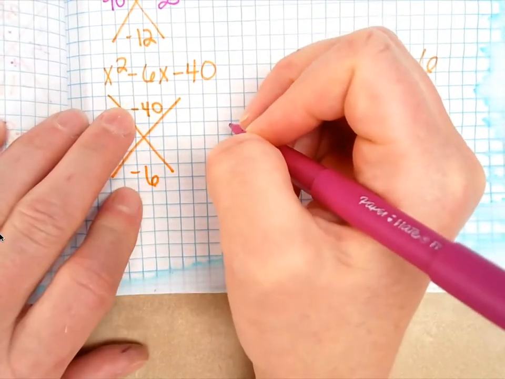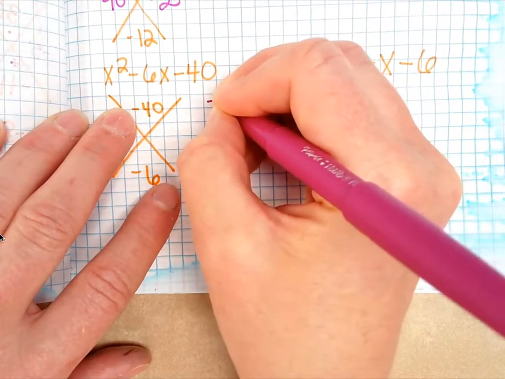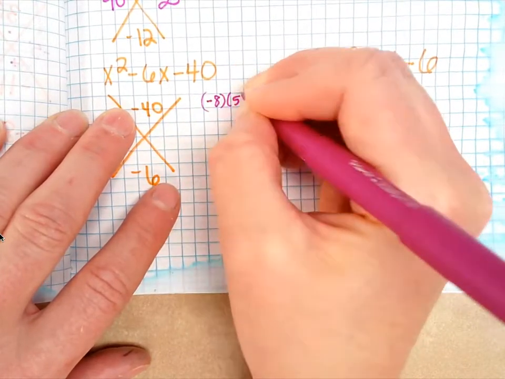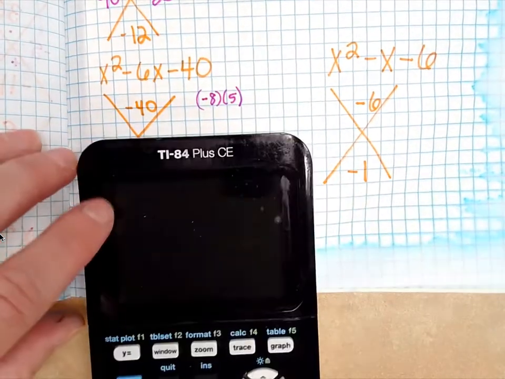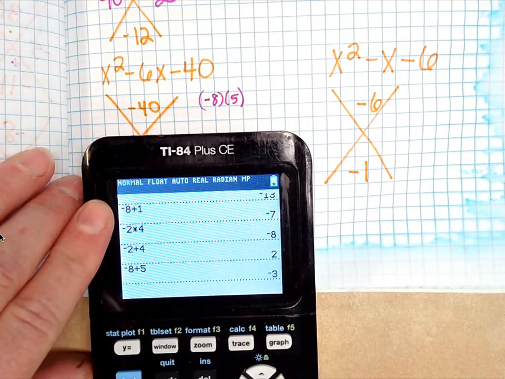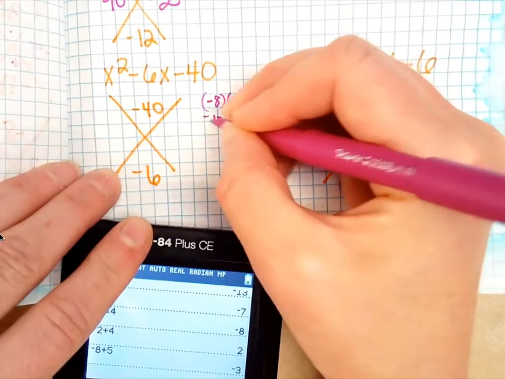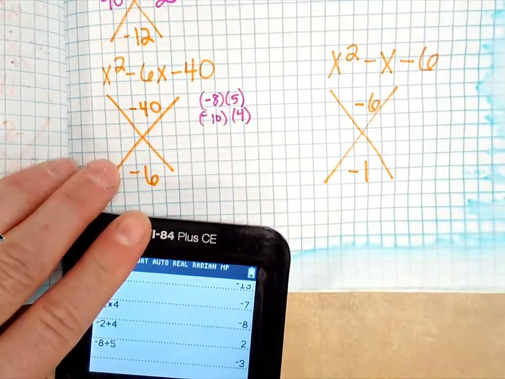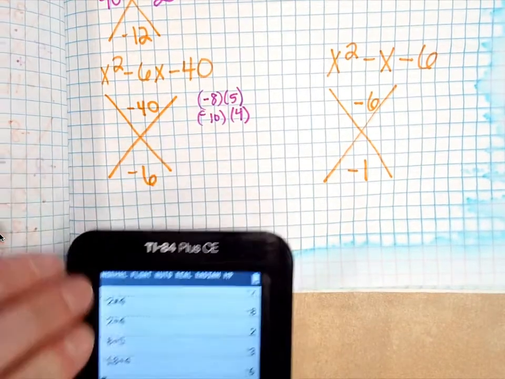So let's think about negative 8 times 5. Does that work? Negative 8 plus 5 is negative 3, so that's not going to work. Negative 10 and what? 4? So negative 10 plus 4. Yep, that works.